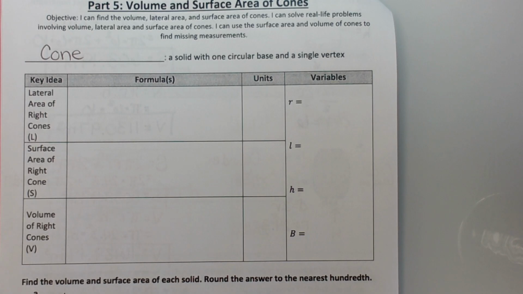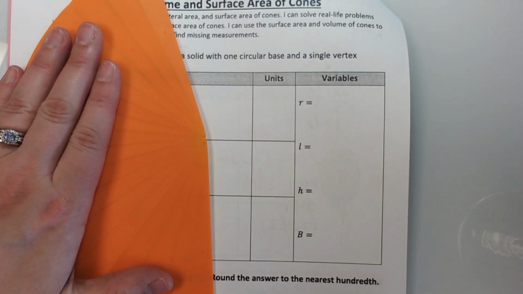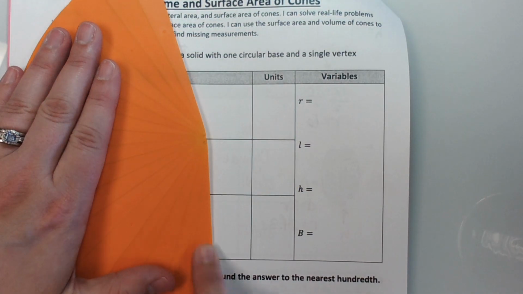Now, when I unfold my cone, what does the lateral area look like it's creating? Not three-dimensional. It almost looks like it's starting to form a circle, almost half a circle, but is it truly getting that half circle? Is that a diameter?